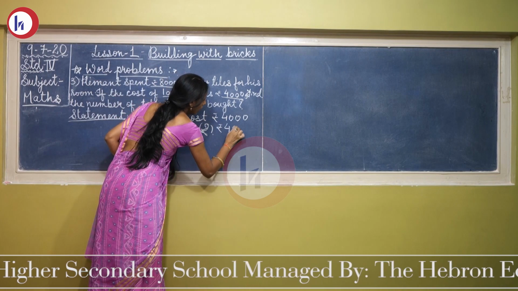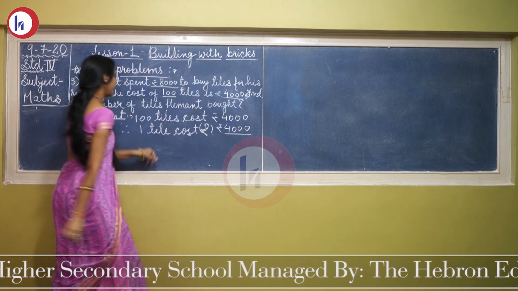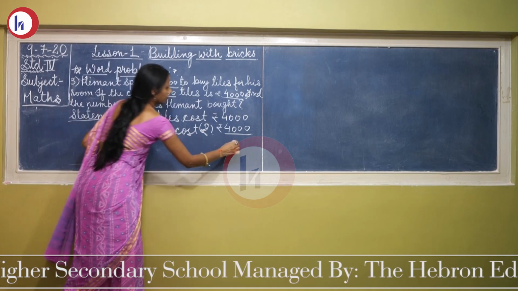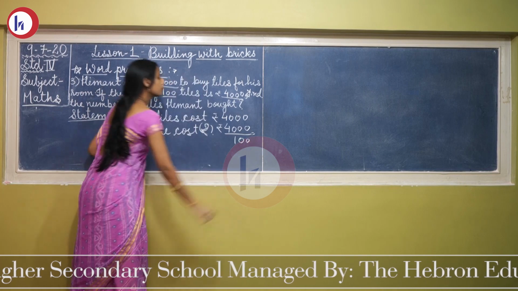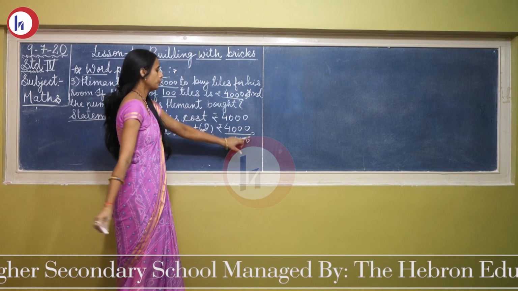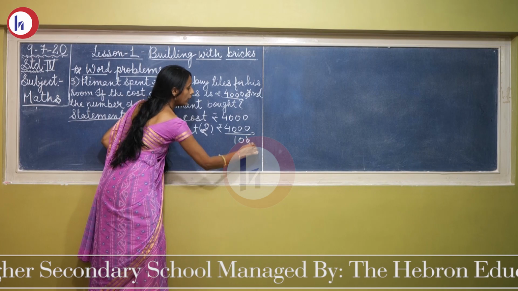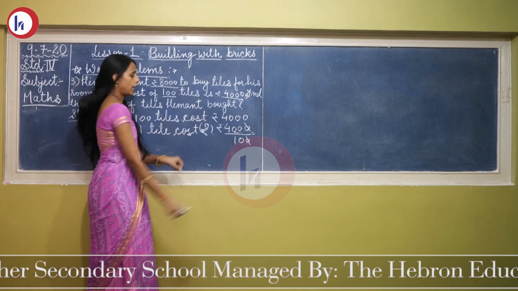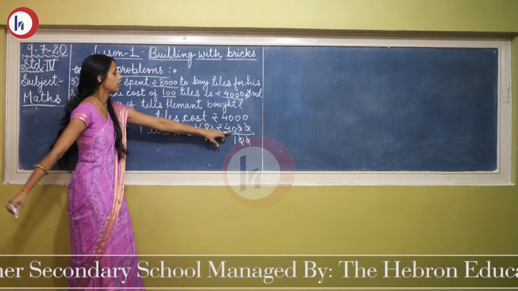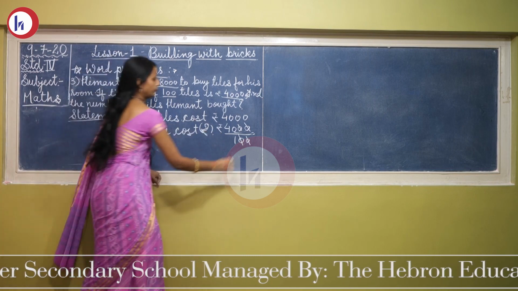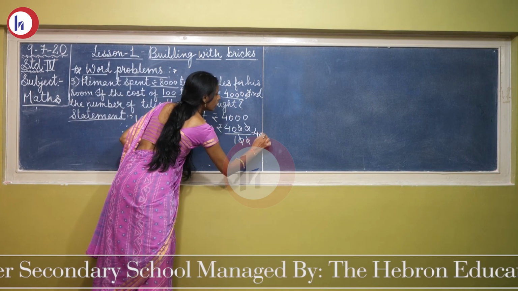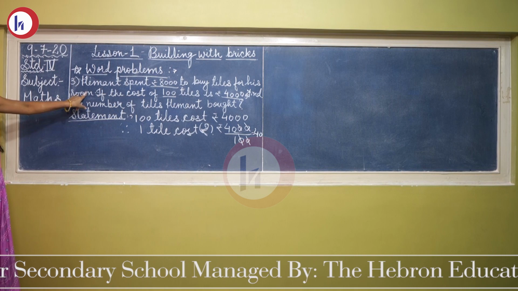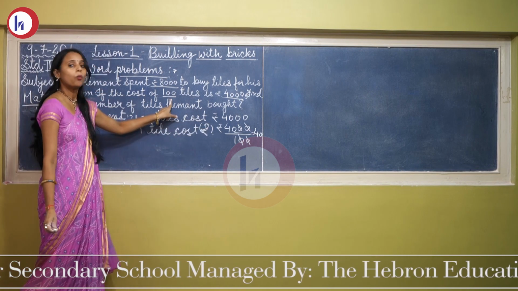Rupees 4,000 divided by 100. Here is 20 and here is 30. So this one will be cut from this 0 and this 0 will be cut from this 0. So the answer will be rupees 40. So the next line will be: rupees 40 for one tile.